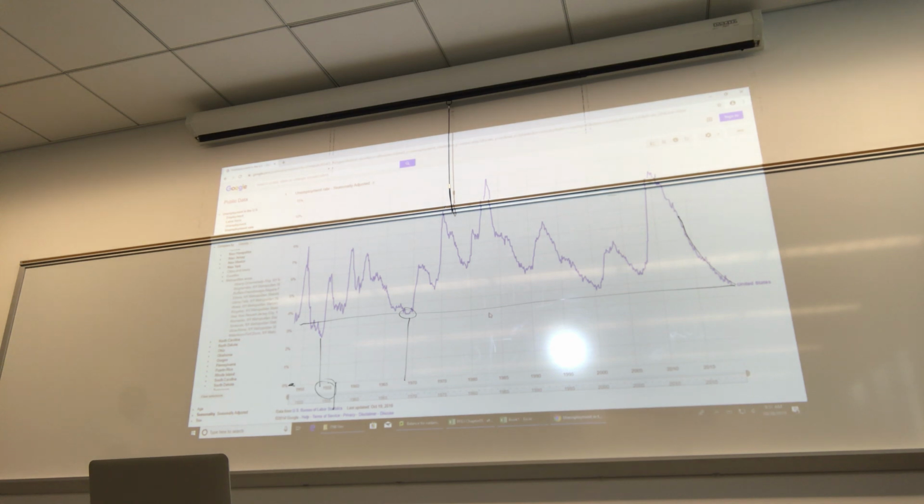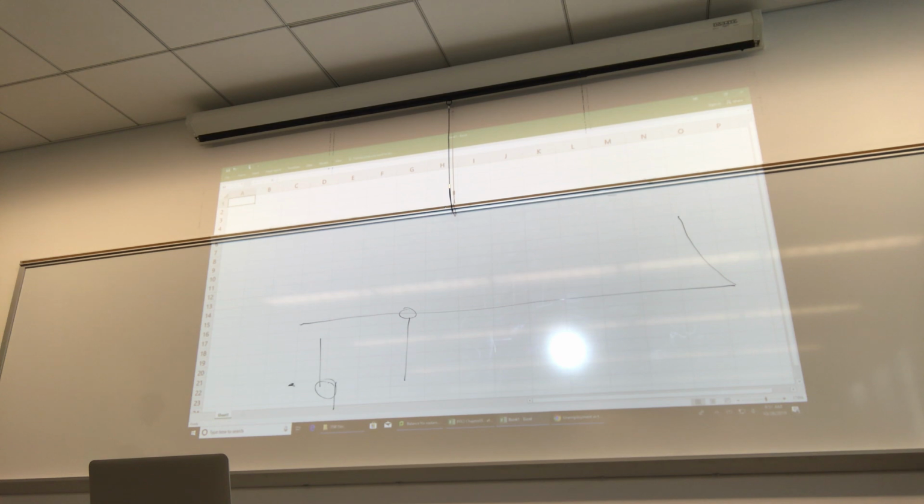I want you to know how to calculate this type of numbers. And in order to calculate the rate, I want you to see how you will do it in Excel. In Excel you have two periods, the first period and the second period.